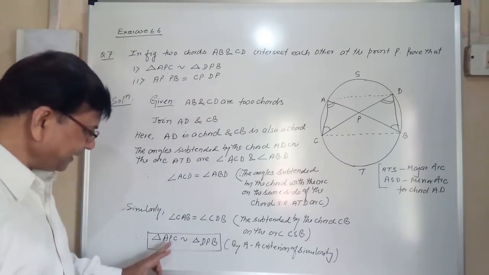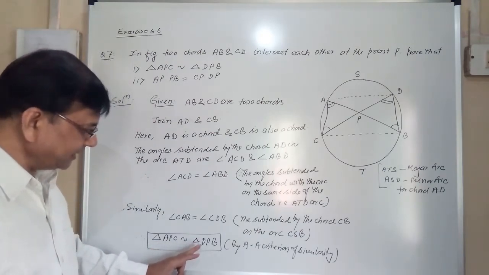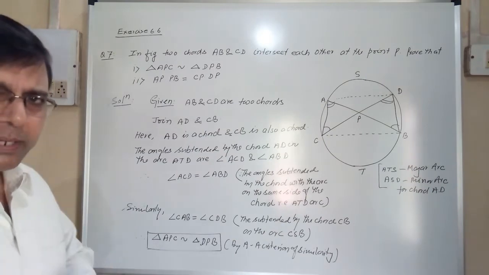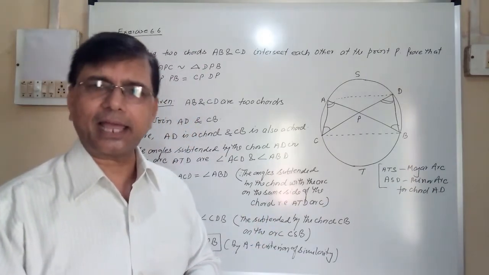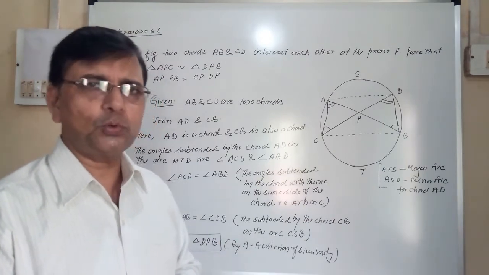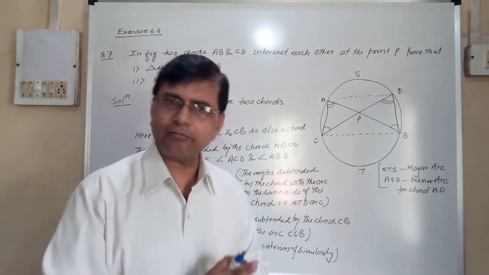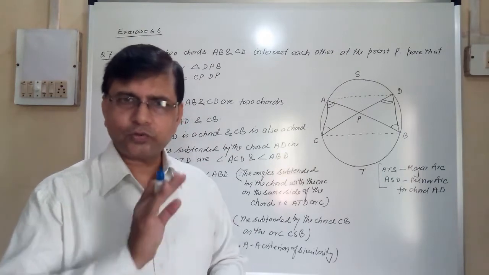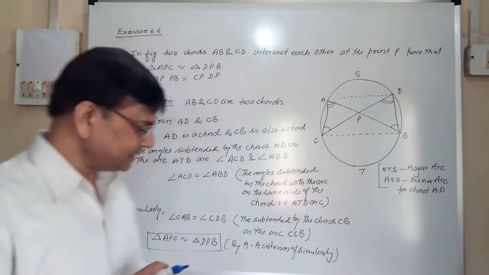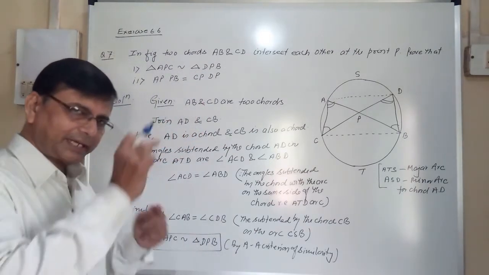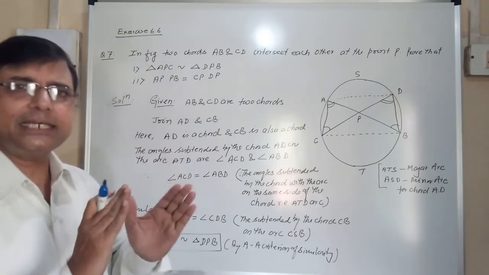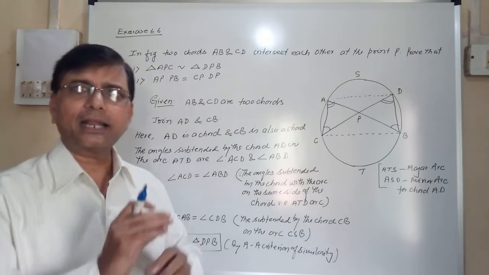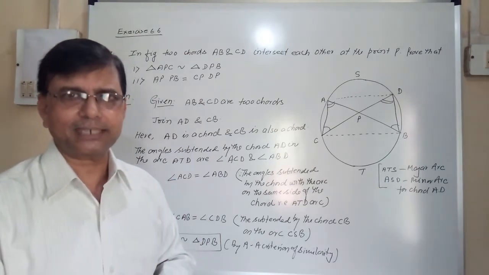So that is why APC is similar to DPB. Why do we write this way? Because finding the ratio of the sides becomes easier. I have already told about this. If you see my previous videos related to triangles, you will find that this way of writing with the corresponding vertices makes things easier as far as writing the ratio of corresponding sides is concerned.